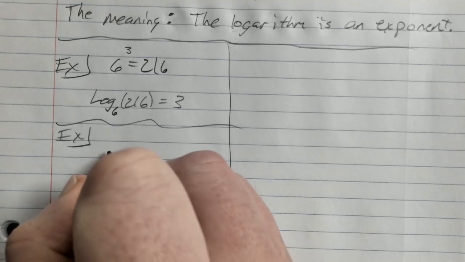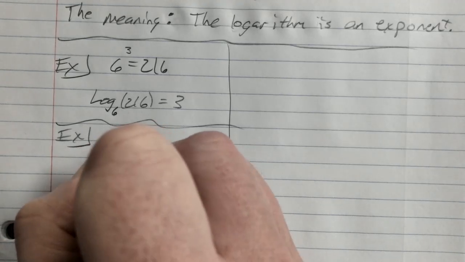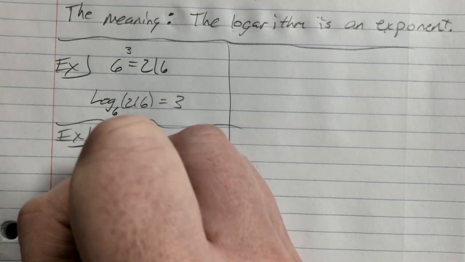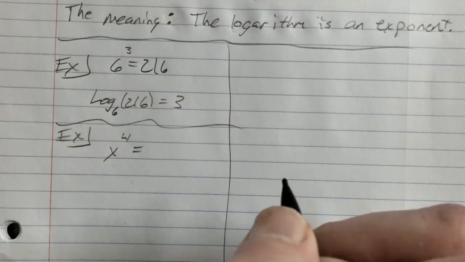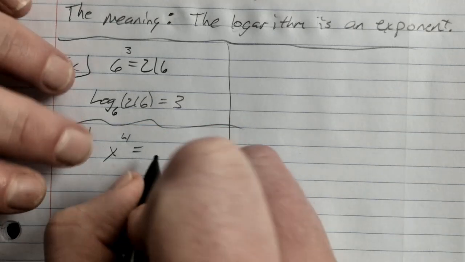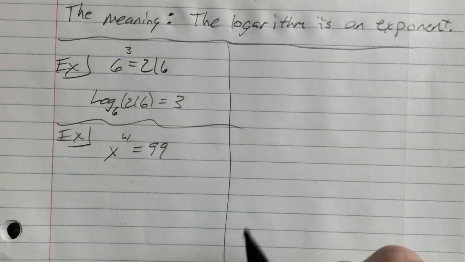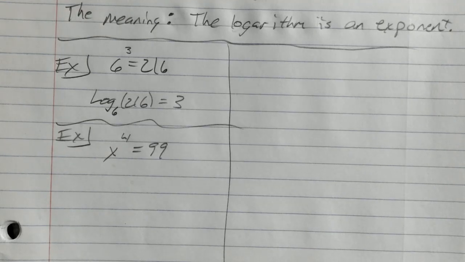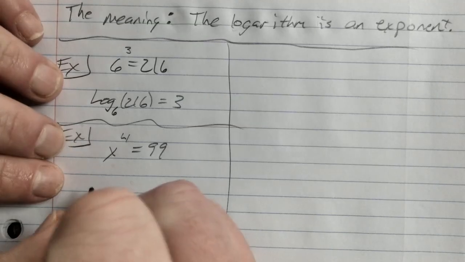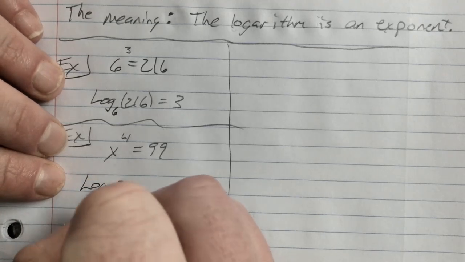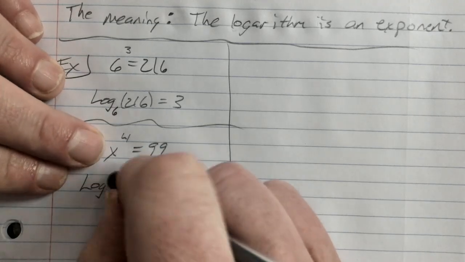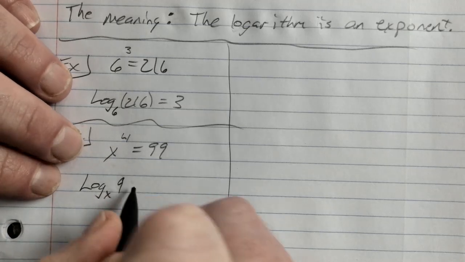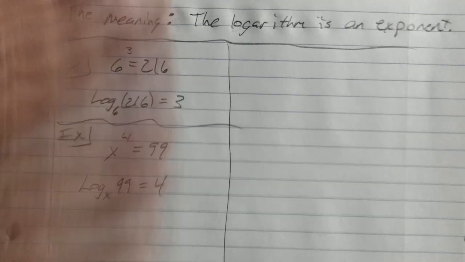Let's say we have x raised to the fourth equals 99. Log base x. Good job. That's exactly right. Great job. Really good.